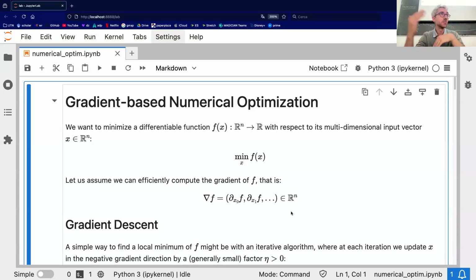It's going to be an n-dimensional vector. And typically the assumption is that you can compute these gradients quite efficiently. So it makes sense to use it because it's efficient to compute and it provides you lots of information about the local behavior of the function. So how the function is behaving around the point where you compute the gradient.